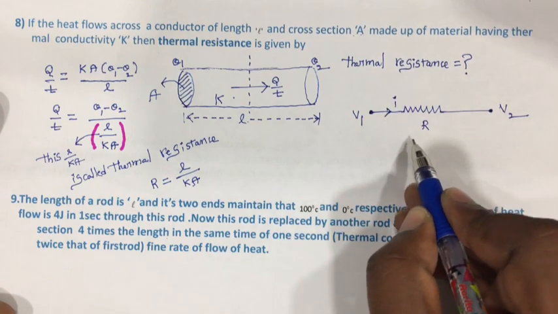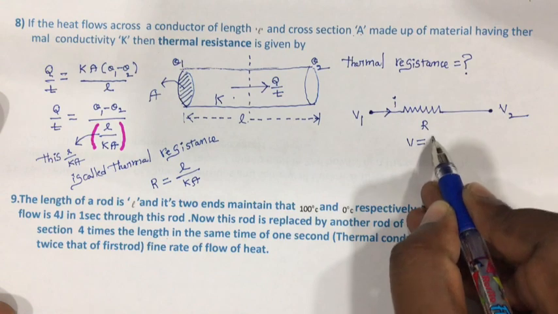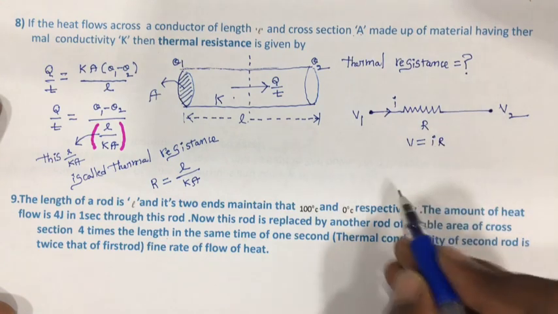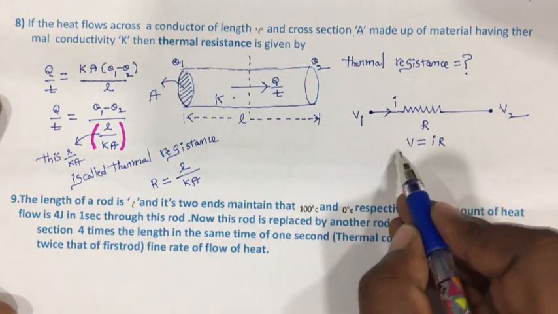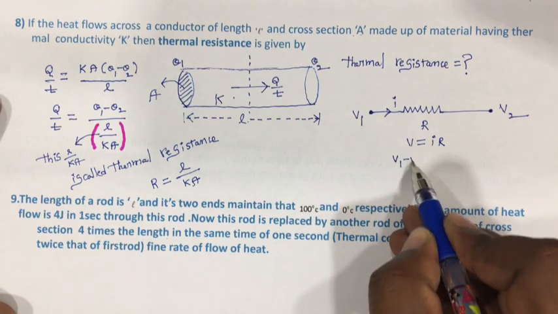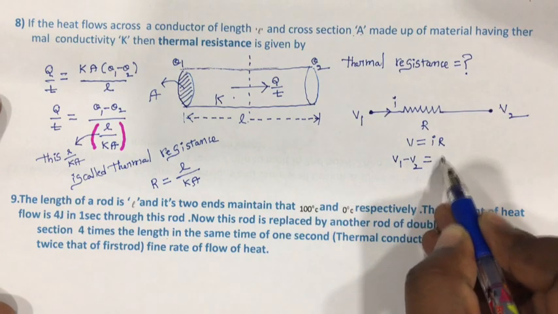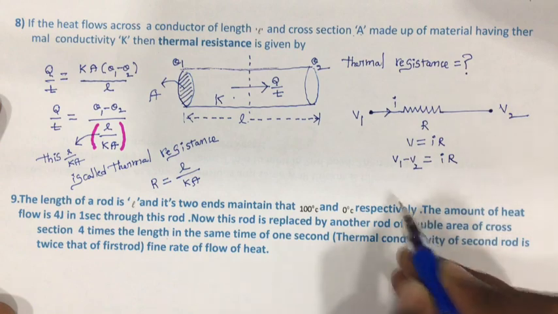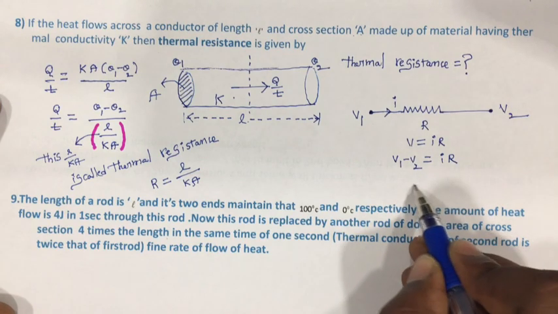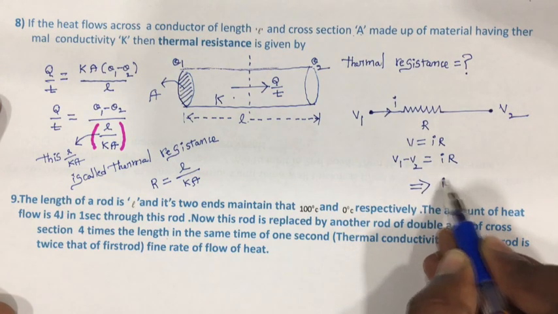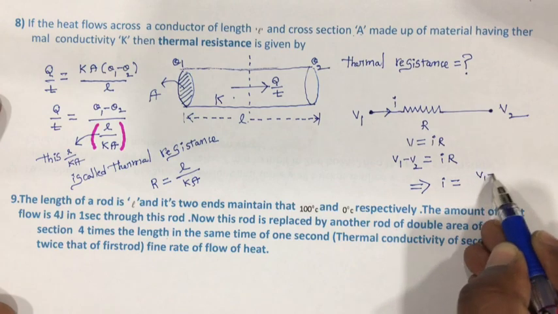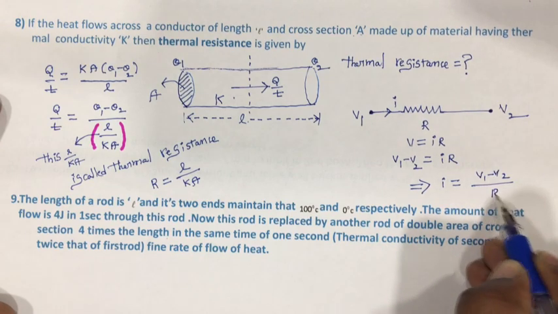By using Ohm's law, V is equal to IR. V means potential difference, so V1 minus V2 is equal to IR. From this equation, I is equal to V1 minus V2 upon R.